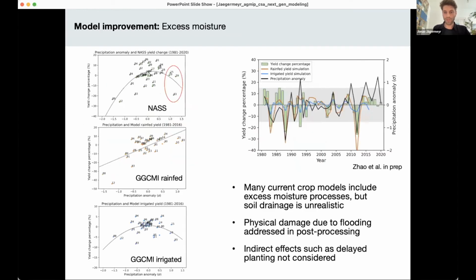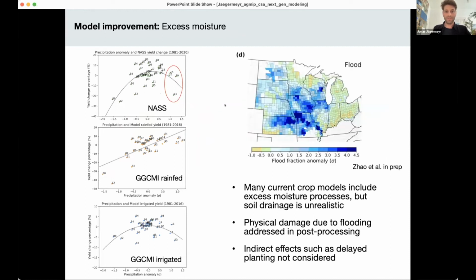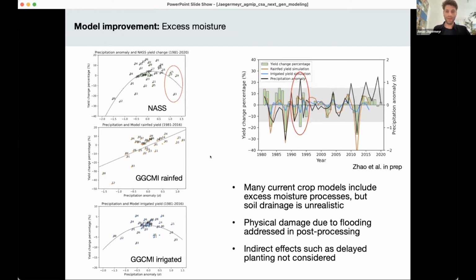One way to do this, and we're actively engaged in model development on several fronts, and not just us but the global community, crop modeling worldwide, obviously. One of the prominent blind spots is excess moisture or waterlogging.